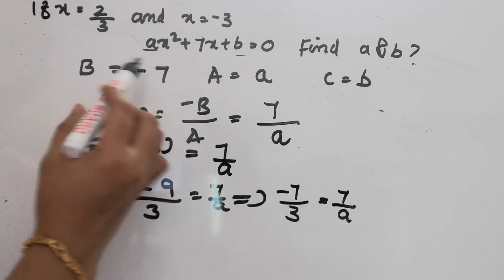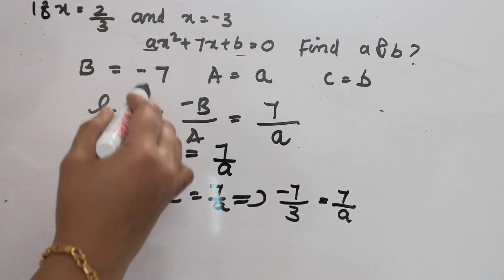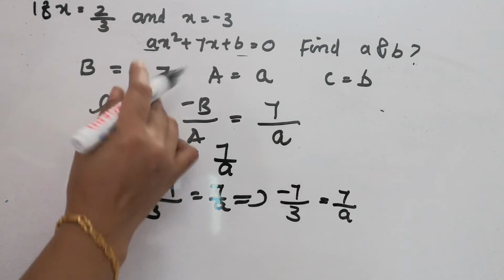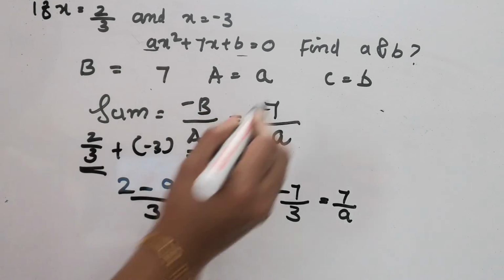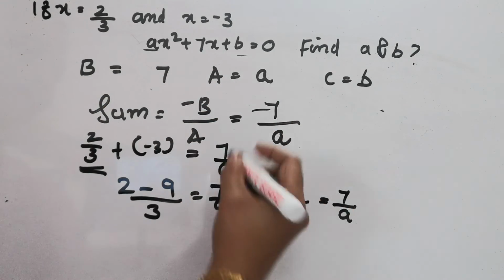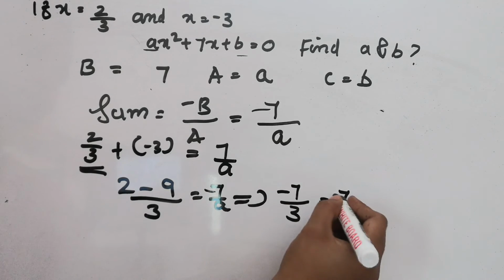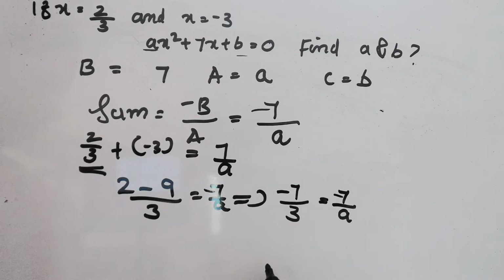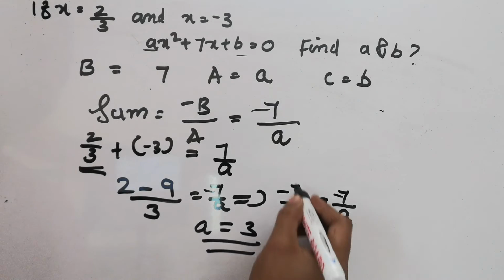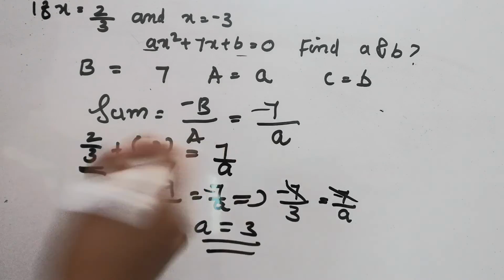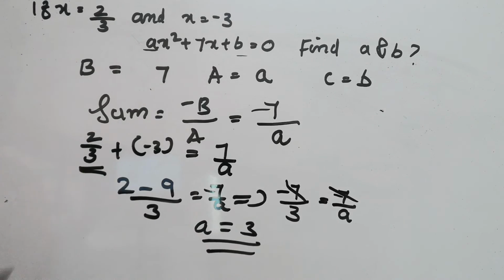Here b is equal to 7, so we have to write negative 7. Then we compare the negative 7 and negative 7 by 3. Okay. So then we cancel the negative 7 and negative 7, and we get a is equal to 3.